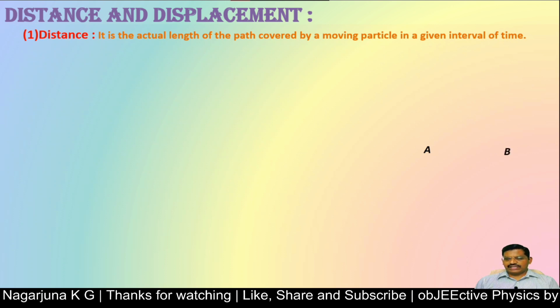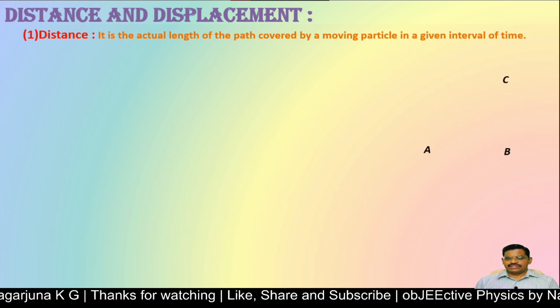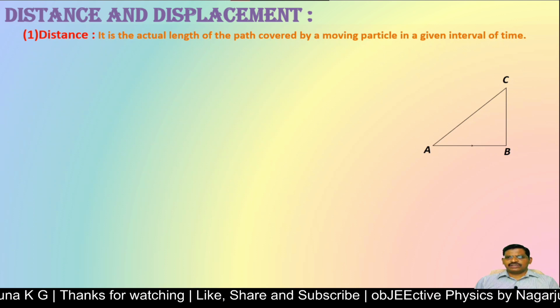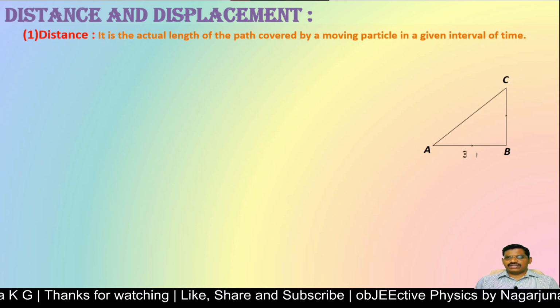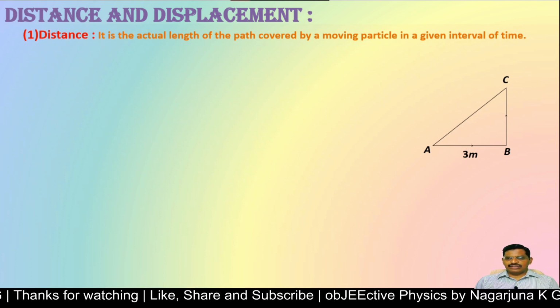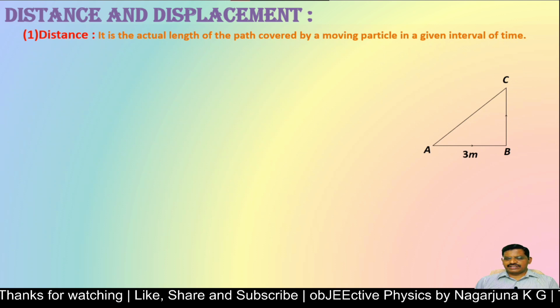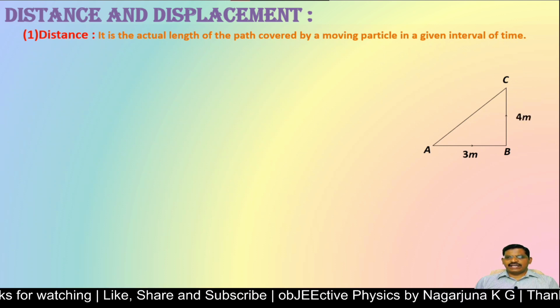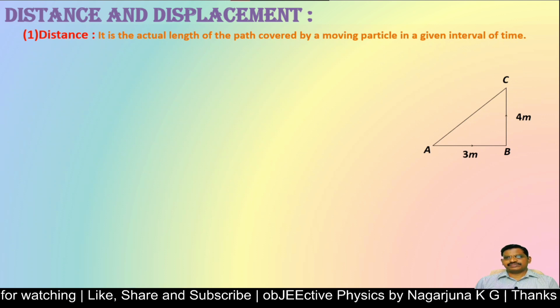Observe the diagram. A, B, C, a triangle. A to B, B to C. The distance between, or length of, line AB is 3 meters. The length of line BC is 4 meters.